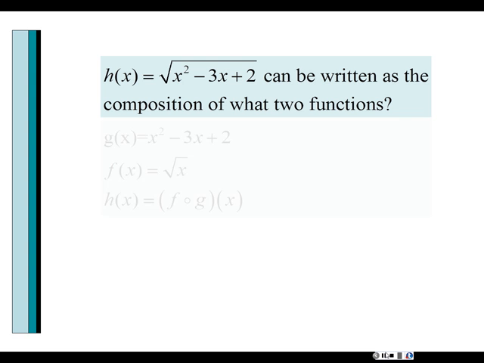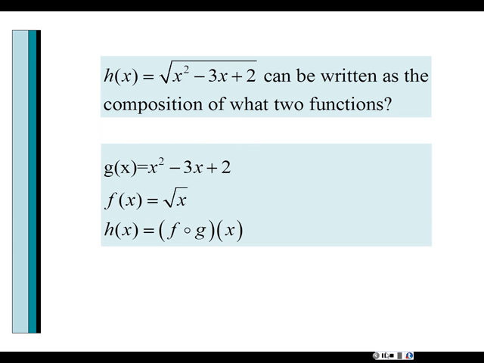One of the simplest steps is this. Just assume that whole thing, x square minus 3x plus 2, as another function, g of x. This is a new function, and then just write f of x equals square root of x, because that was your original, that is another function, and h of x, which is a composite function, is f of g of x.